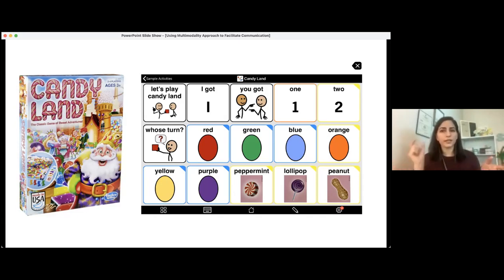What did you get? I got 1 blue. Some of the cards have 2 blue squares. If you have played the game, you probably know some of the cards have 1 blue square or 1 orange square. So they can say, I got 1 blue, or I got 2 blue. And then to reciprocate, when I pick, I say, look what I got. And then they say, you got 2 blue.